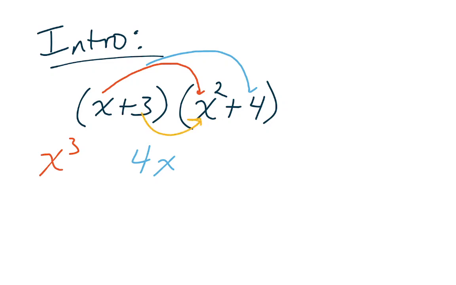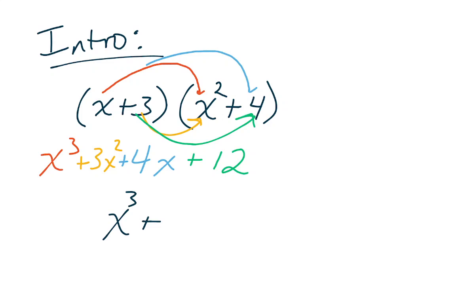You would continue to multiply, distribute, or FOIL everything, and we're going to get a 3x squared. And it looks like the last one, what color do I still have left here? Green would be 3 times 4, it should be 12. So x cubed plus 3x squared plus 4x plus 12.